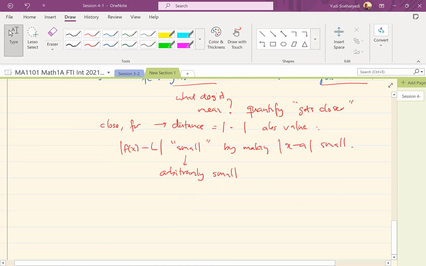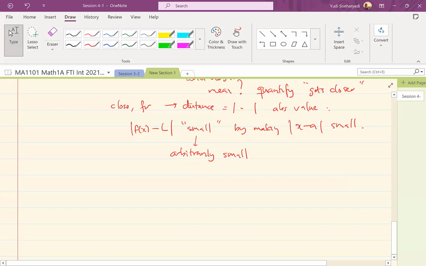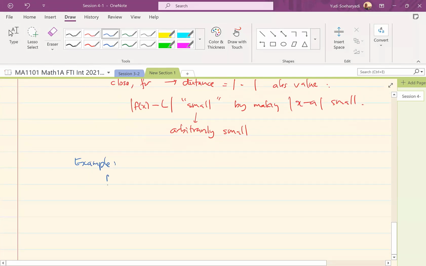Okay. So let's see. Let's do some more examples. Let f of x equals x squared. So we need to find, let's see, just a equals 2.